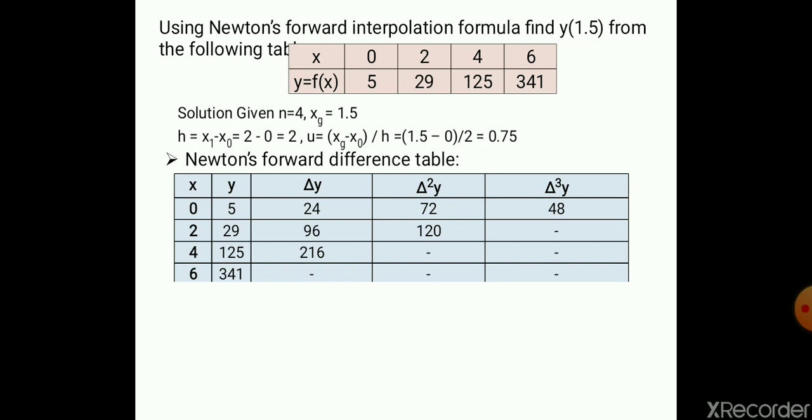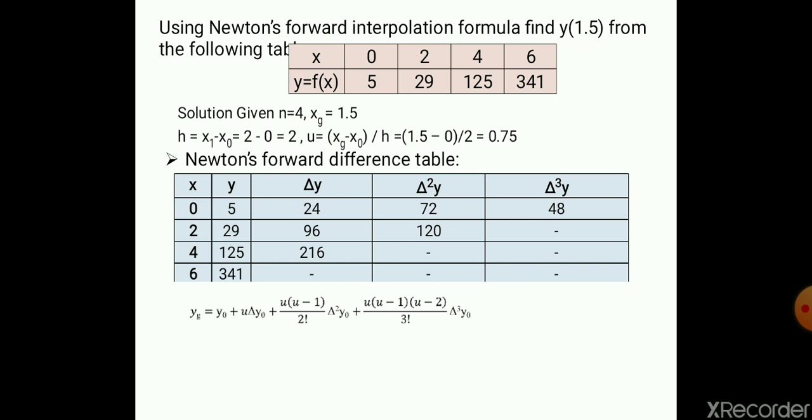Third is 341 minus 125, that is 216. And in the second difference table, 96 minus 24, it is 72. 216 minus 96, it is 120. And third difference is 120 minus 72, that is 48. So we have used the formula up to 3 steps.